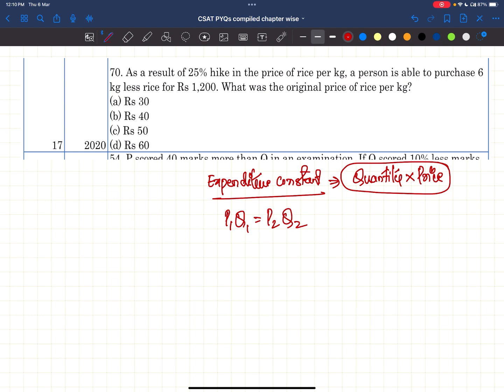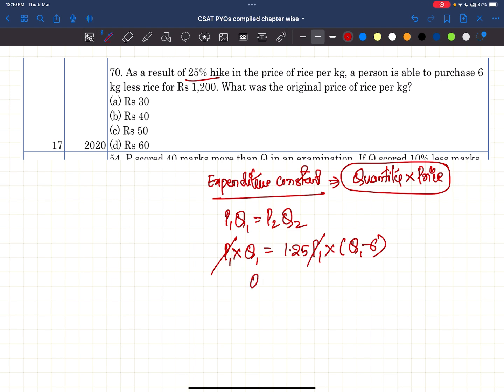Now P1 into Q1, let it be Q1. Now P2, what is telling? 25% hike, that means 1.25 of P1, into what is Q2? You bought 6 kg less than Q1, that means Q1 minus 6. Now this P1 gets cancelled.